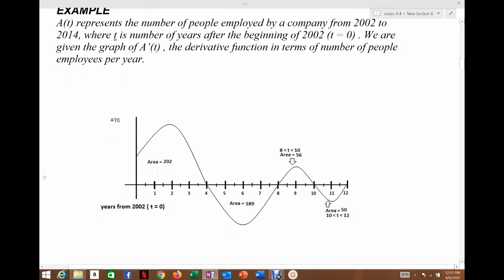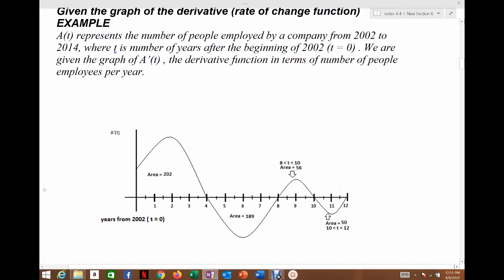All right, so my graph here represents A prime. I don't have the original function. The original function would represent the number of people employed at a company between 2002 and 2014. That would be the statistical information we're using.